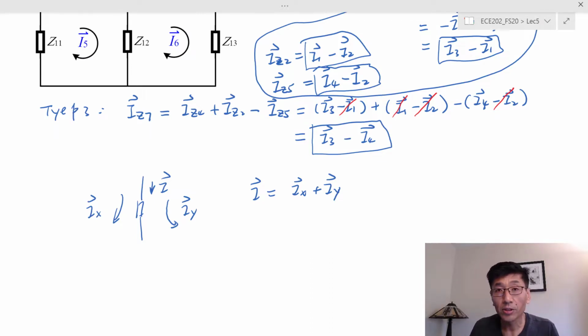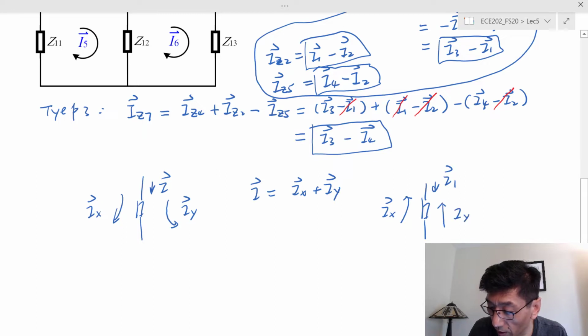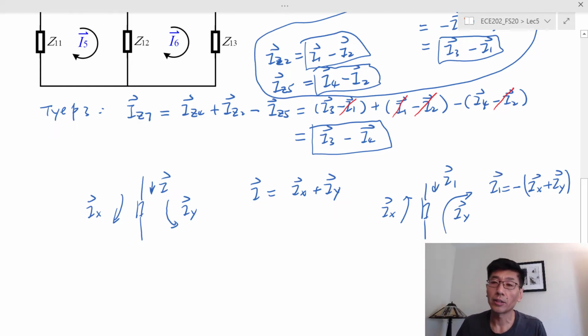And if you have another case, let's see, if you have I1 and you choose this IX and this IY, and this is the one in the clockwise direction, then I1 is going to be equal to IX plus IY, but you need to put a negative sign in front of this, right? So that's in front of this I sub 1. So you know how this element really connects to the mesh currents.